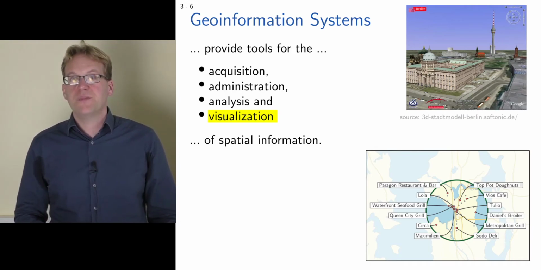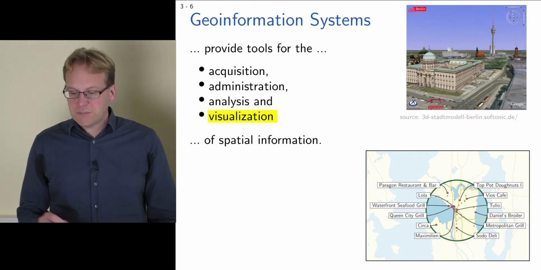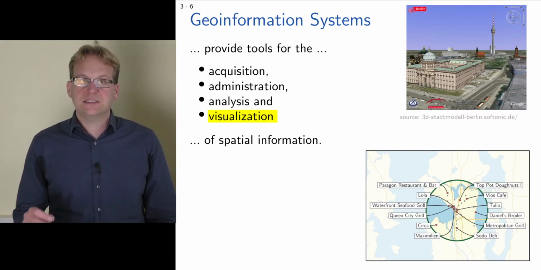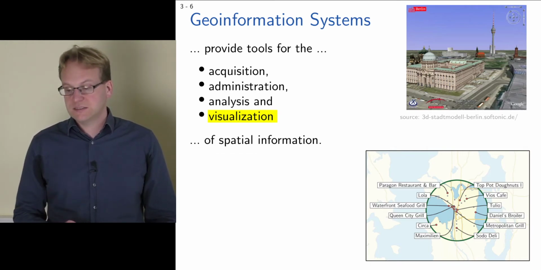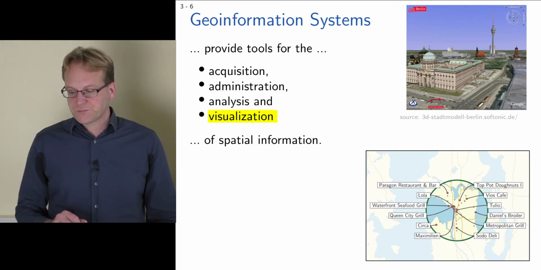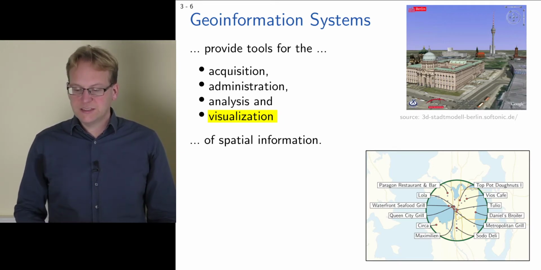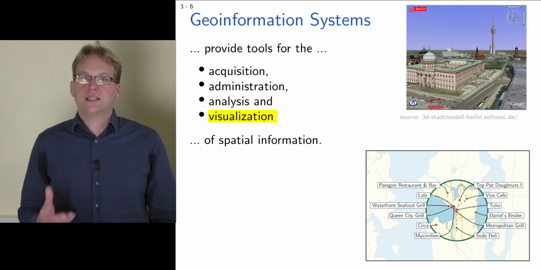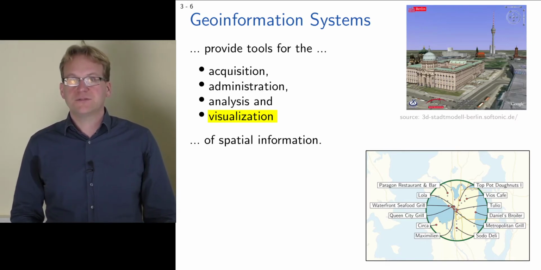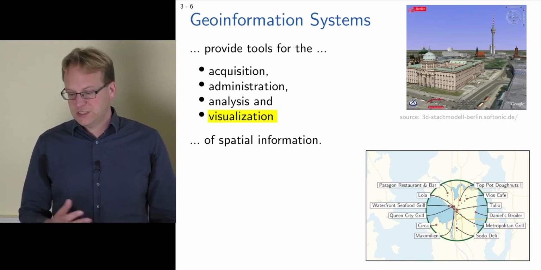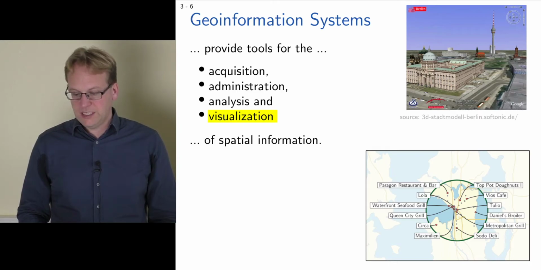Smartphones are quite common nowadays as tools to display maps. And especially in the second semester of your studies, there is the module location-based services, where we will deal with cartography on small devices, which is shown here as an example.